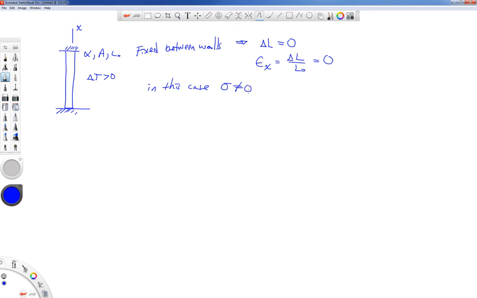So this bar wants to get longer, but it can't. And if you think about it, as you increase the temperature, there's more and more of a resisting force pushing back into the material. We're going to end up having a compressive stress. Now, the way to think about all of this is that the deformation can be made up of two parts, a mechanical part and a thermal part.